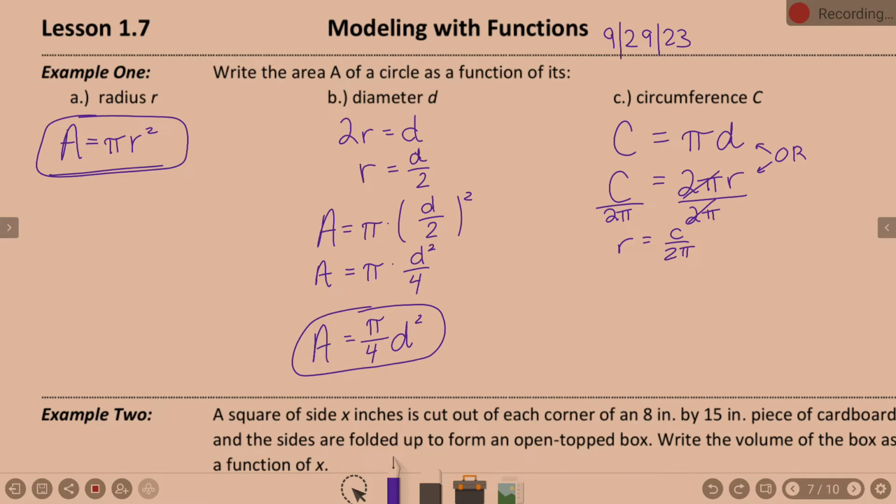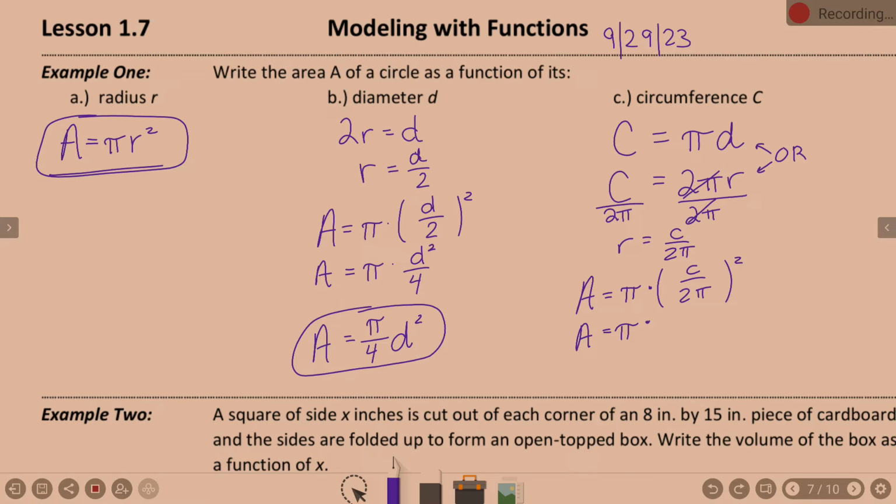Okay. Now, take your area formula. Area equals what? Pi times radius squared. What's my radius here? C over 2 pi. Radius is equivalent to C over 2 pi. Are you following that? How are we going to clean this up? Well, I'm going to leave the pi out front for the moment.